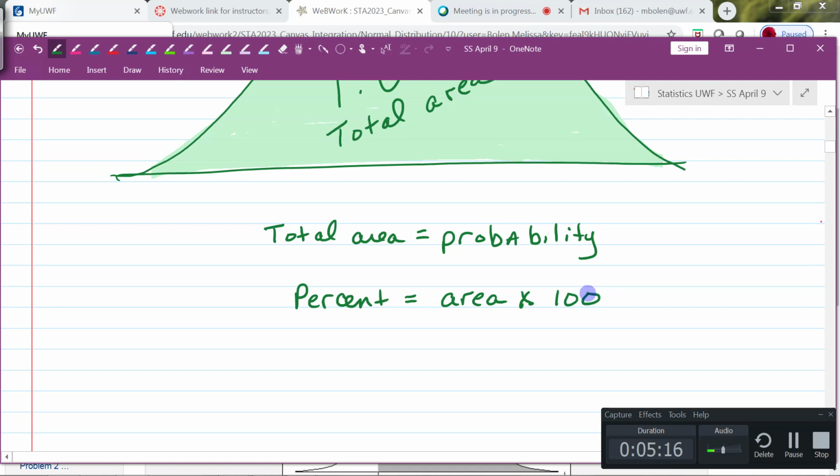Okay, so it's going to be area times 100. That's going to give us the percentage, to put it in a percentage. The area, though, is the probability of the event happening.